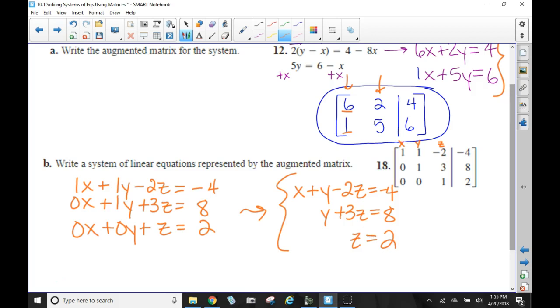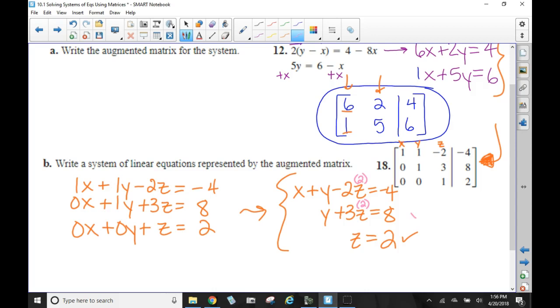Okay? Now, you're going to want to work with it more. We're going to talk about some good ways to work with it in this augmented matrix form to solve the system of equations. But look at what we would have here. You already know what z is. Z is equal to 2. Well, if you know that z is equal to 2, can we not pretty easily do what we call back substitution and find what y is?